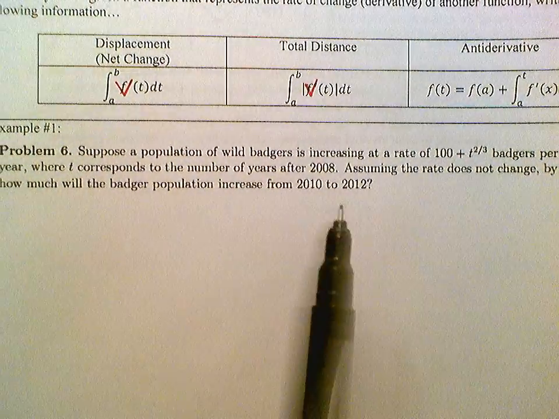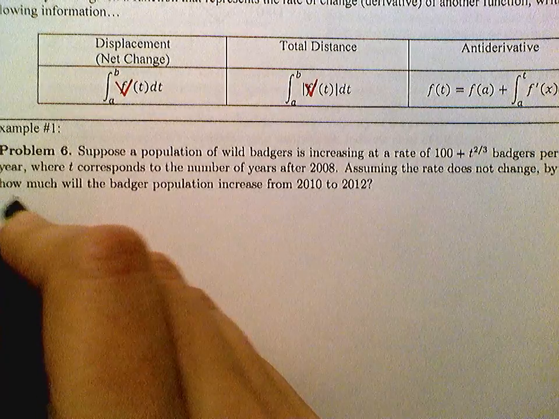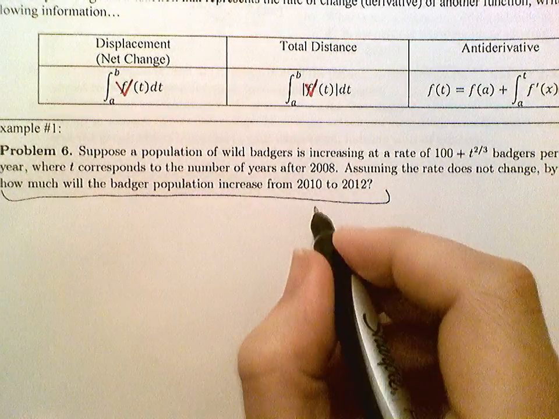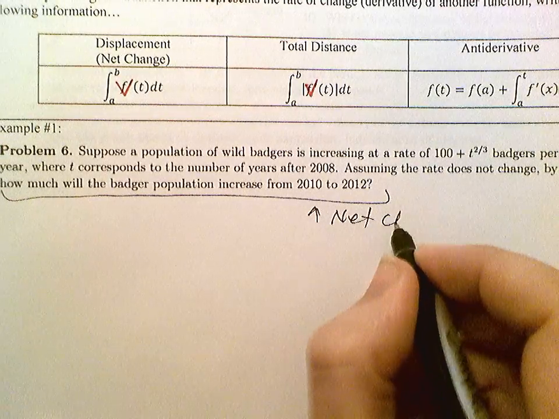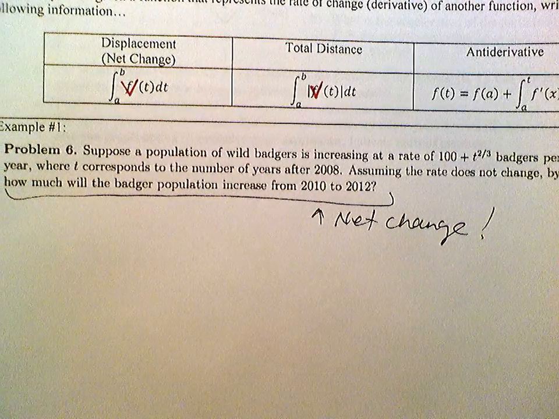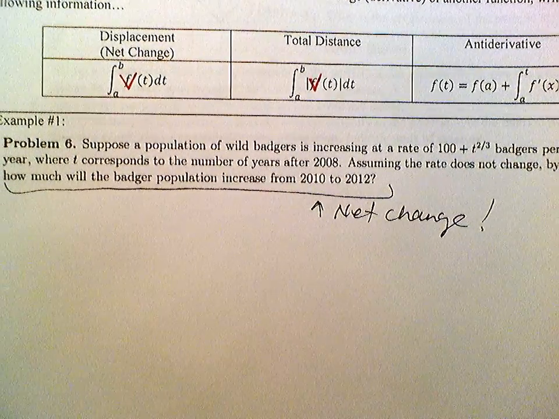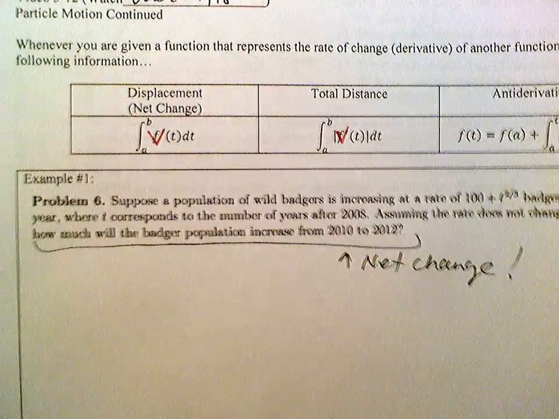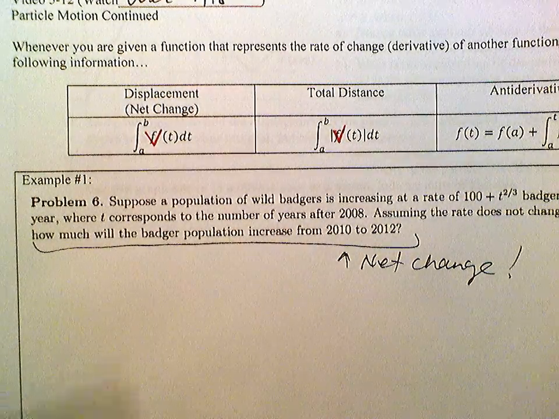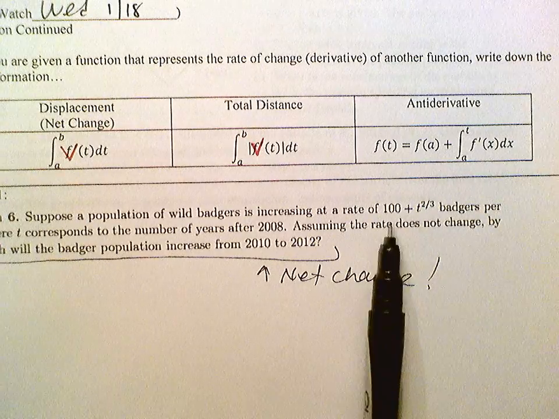Guys, they're asking for the net change. By how much will the badger population increase? So they want the net change in the badger population. So how do you find net change? It's this here. Now first, I would give this a name.